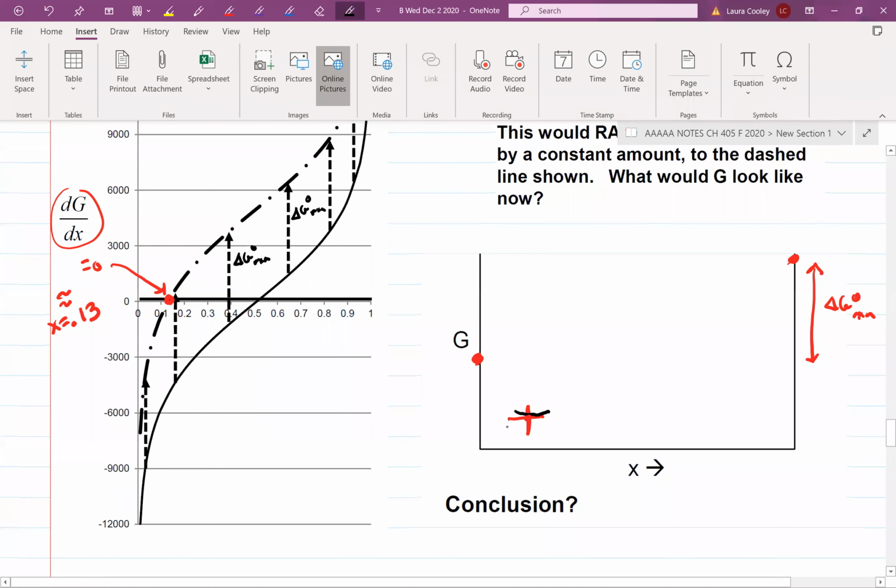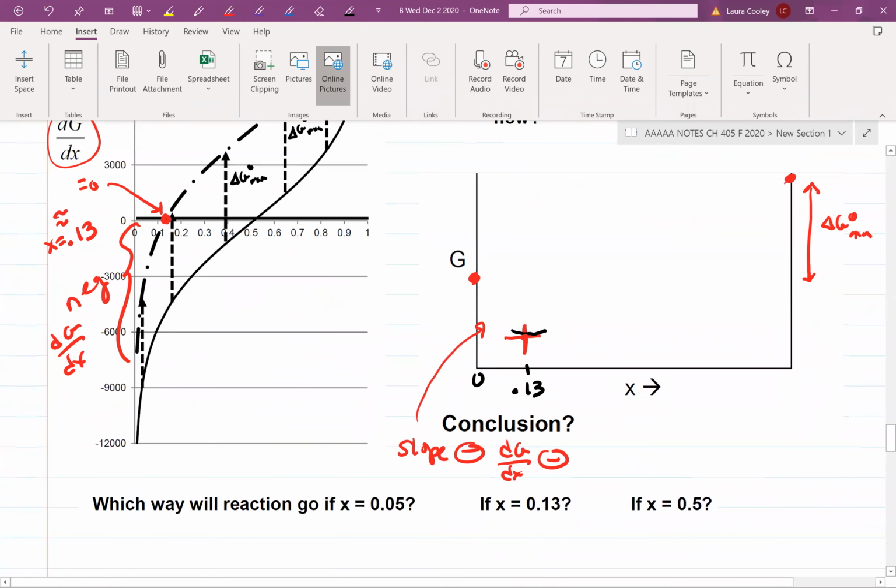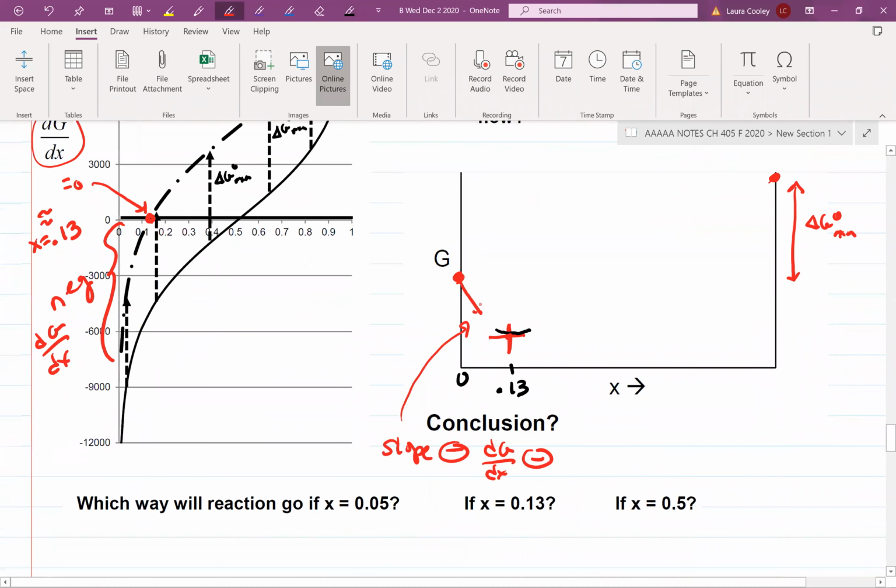All right. Now, between this point, 0.13, and the 0, these are negative values of dG/dx. So that means the slope is negative. When the slope is negative, what happens? So here, the slope is negative, so dG/dx is negative. So that means the reaction is going to go forward to decrease the free energy.